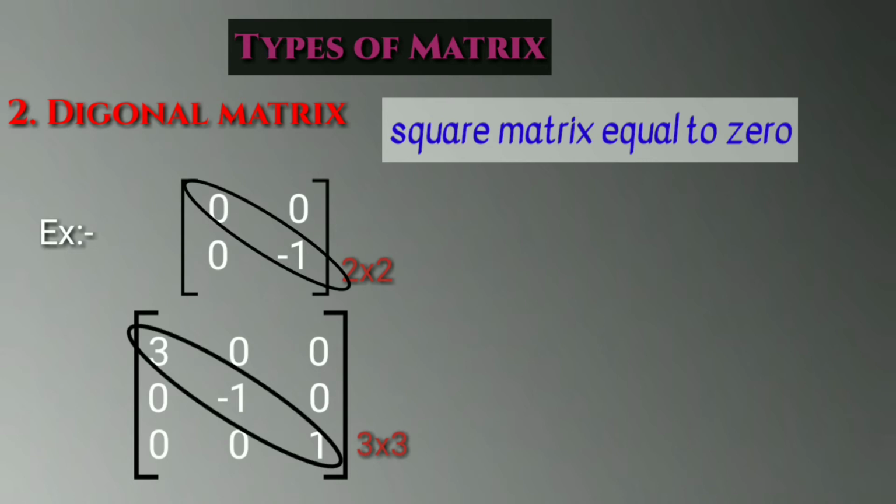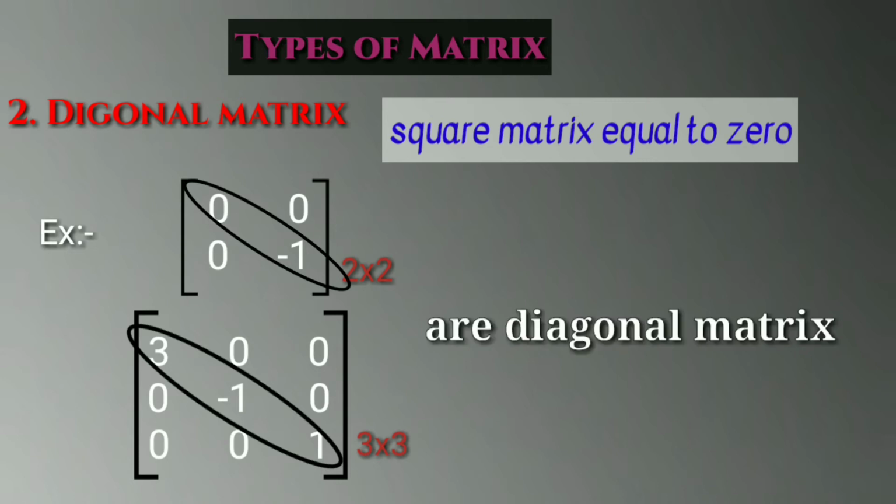These are examples of a diagonal matrix: a square matrix with only the diagonal elements nonzero, to find a diagonal matrix.